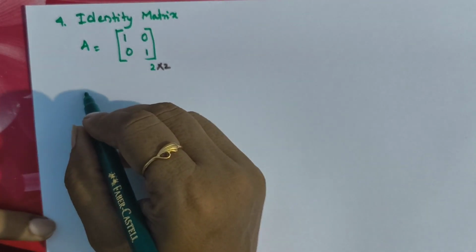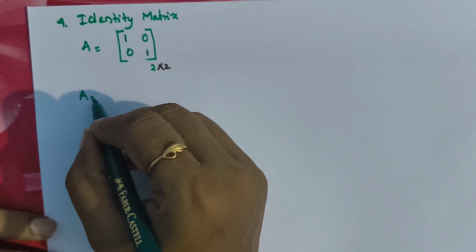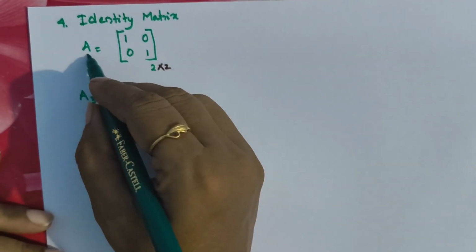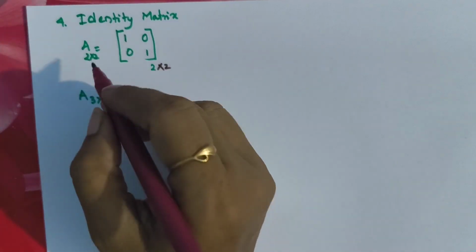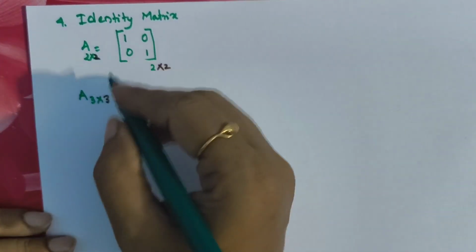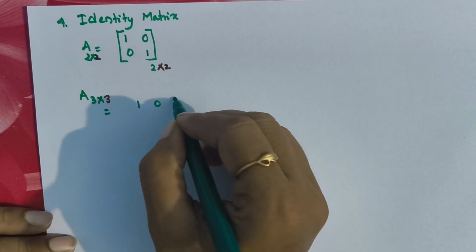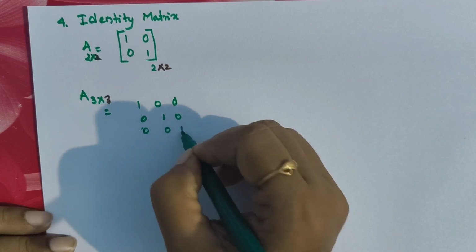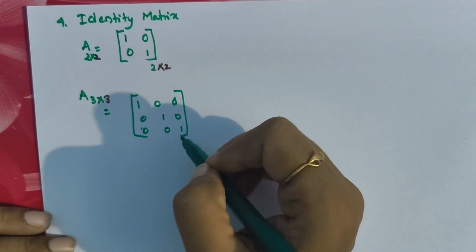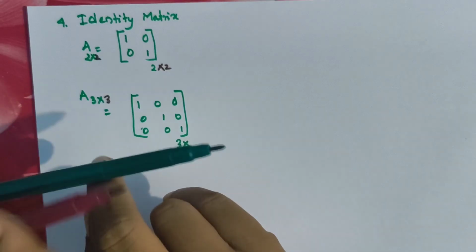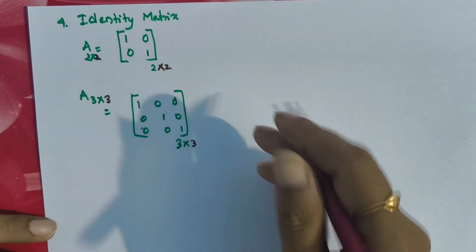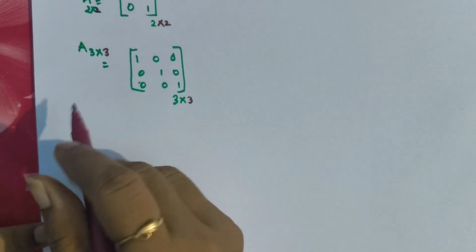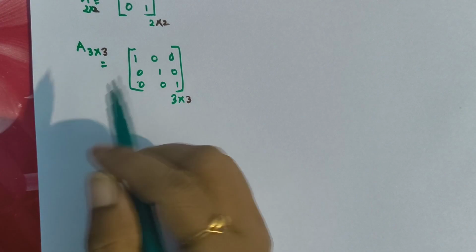Similarly, if it is a 3 by 3 matrix, it will be 1 0 0, 0 1 0, 0 0 1. So this is a 3 by 3 identity matrix.